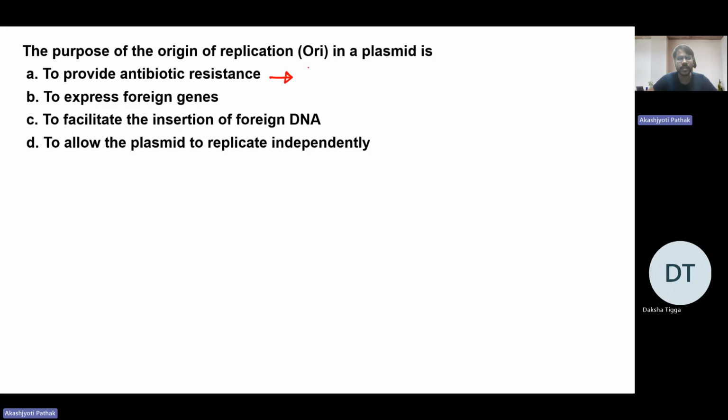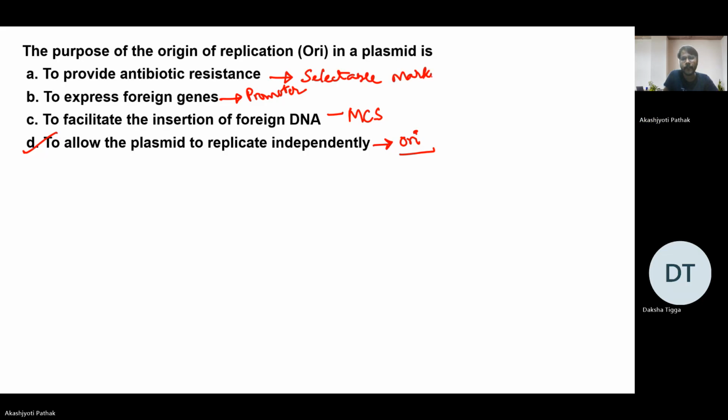This is the function of antibiotic resistant genes or selectable markers. To express foreign genes, you need a promoter. To facilitate insertion of a foreign gene, you need a multiple cloning site. To allow the plasmid to replicate independently, that is the function of OD. So option D is the correct answer. Okay, so this question is clear.